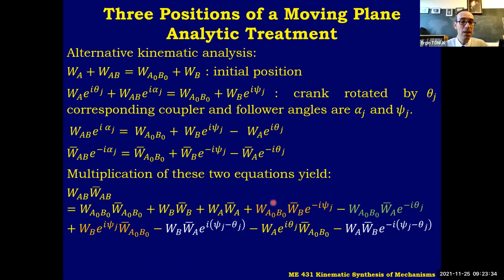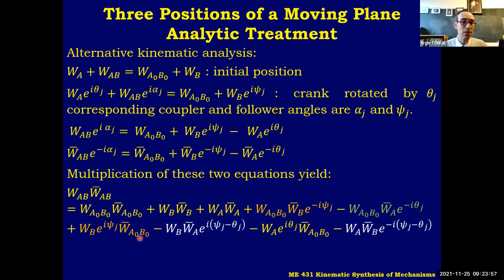Now, these orange ones are actually, you have W A0 B0, W B e to the minus i psi j, and this is completely complex conjugate of this.